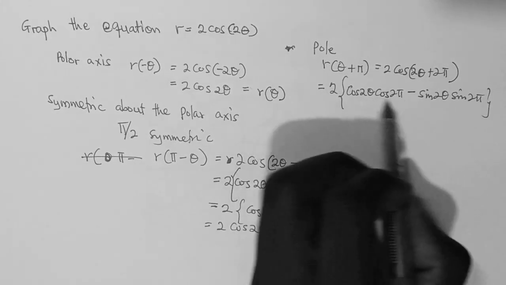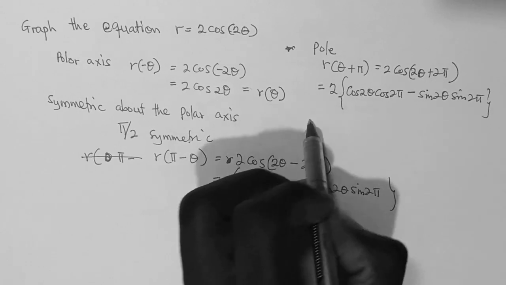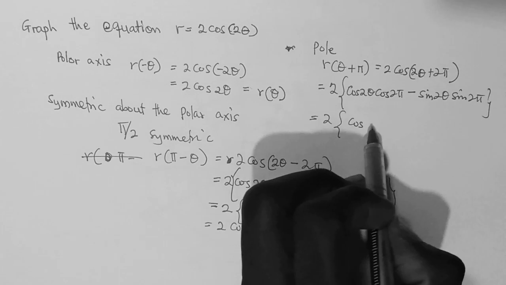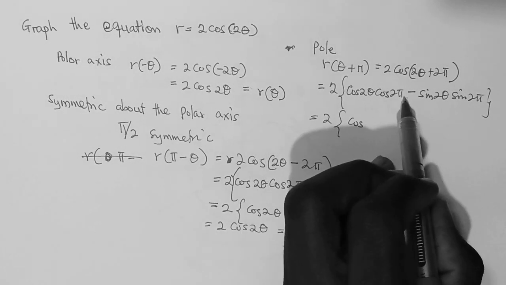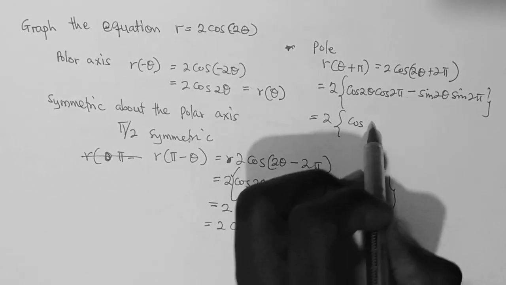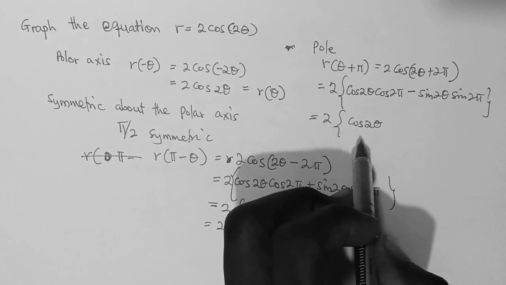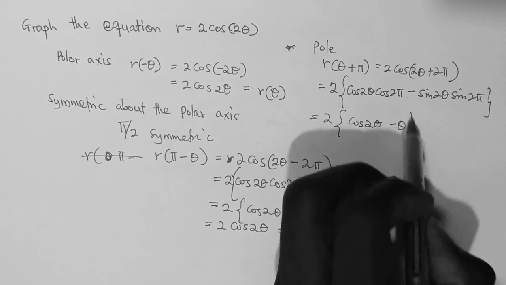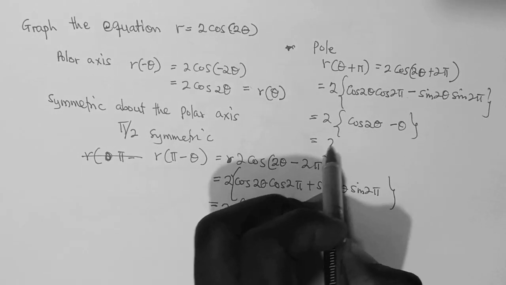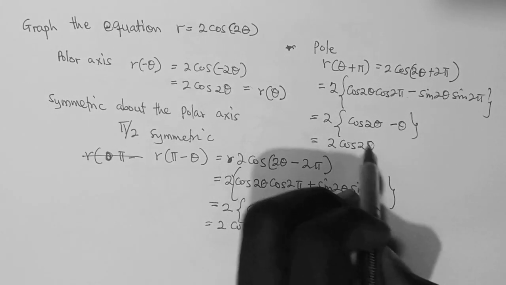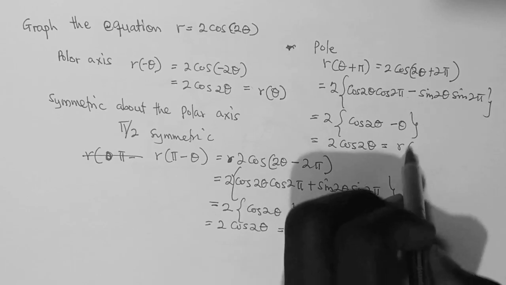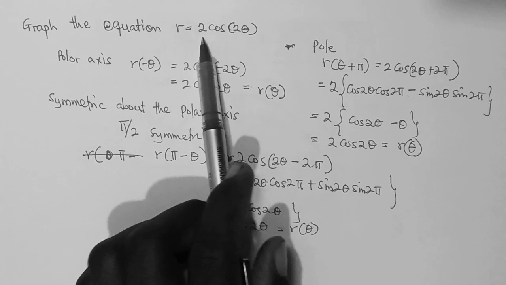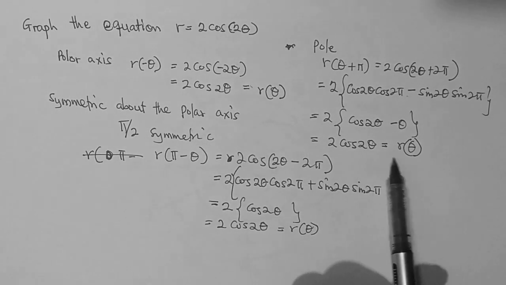Now cos 2 pi is 1, so 1 times cos 2 theta will give us cos 2 theta. Then sine 2 pi is 0, so here becomes minus 0. And this is equal to 2 cos 2 theta, and that is equal to r of theta. So for this equation too, it is also symmetric about the pole.